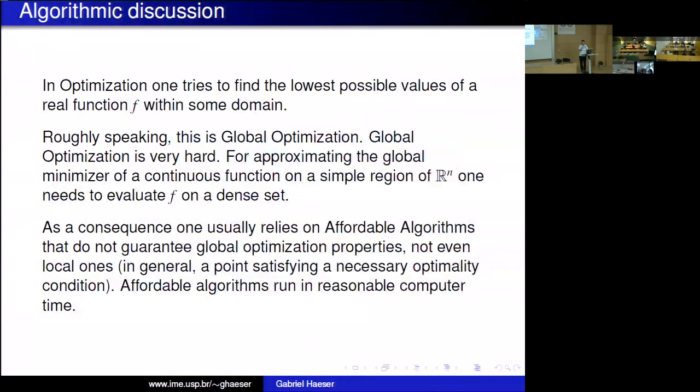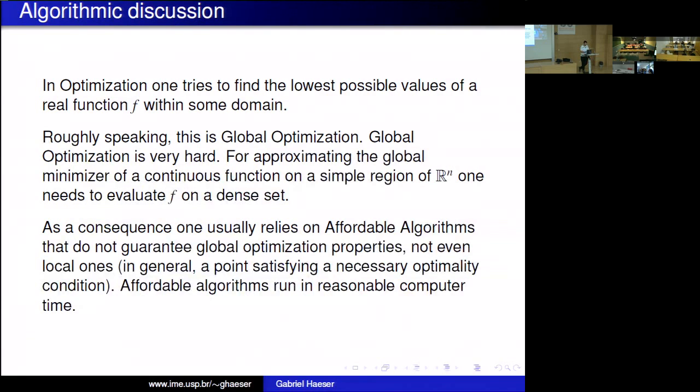You can use another function that has the global minimum inside that region that your algorithm never looked at. Since your algorithm is making decisions based on local information, when you run it on this new function, it will converge to the same point. So it will not converge to the global solution unless you look in a dense set of your constraint set. This is why global optimization is so hard.